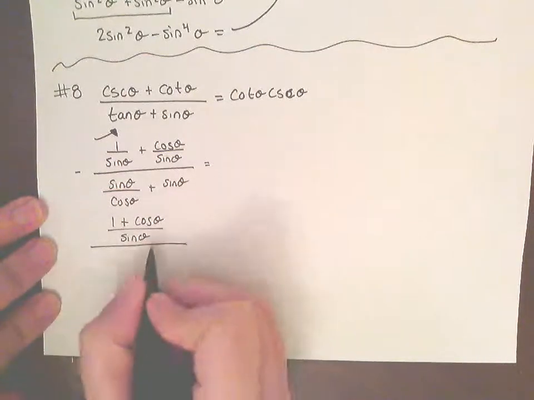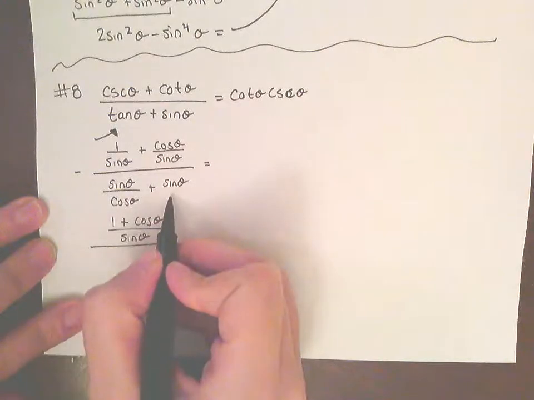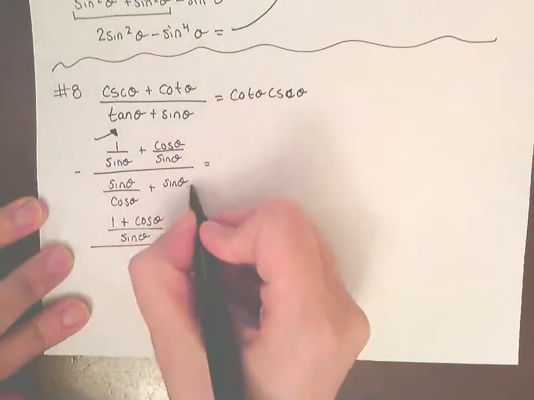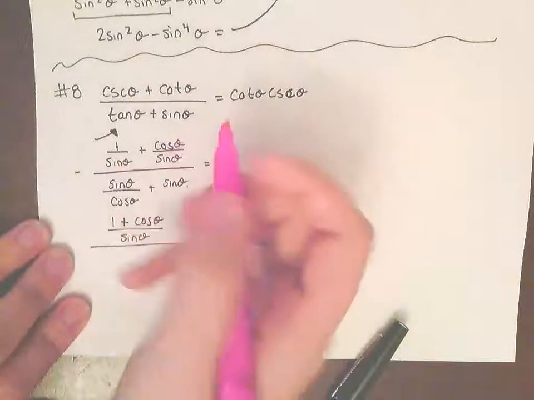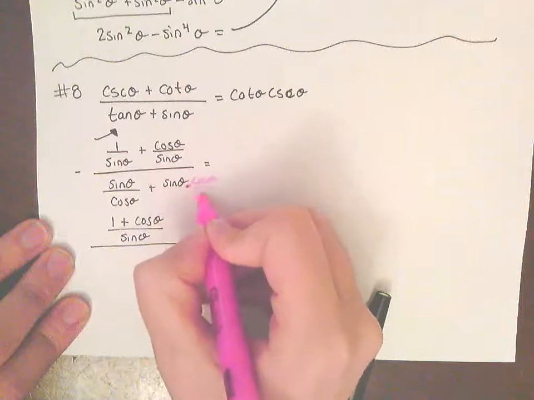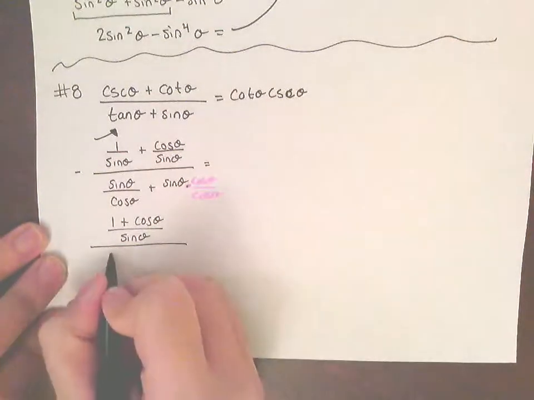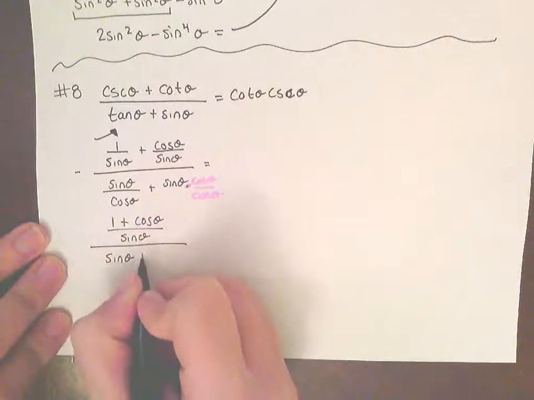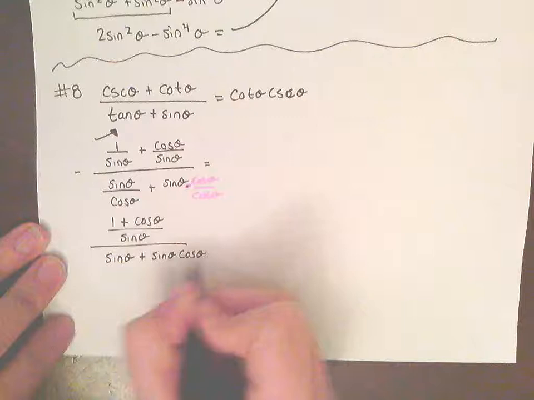All of that is over. I need to get a common denominator here. So how do I get a common denominator? I multiply the sine of theta by cosine of theta over cosine of theta, because that's the common denominator. So I end up with sine of theta plus sine of theta times cosine of theta.